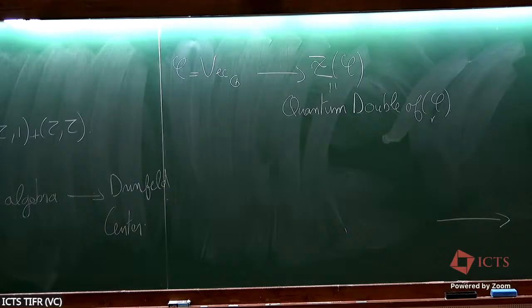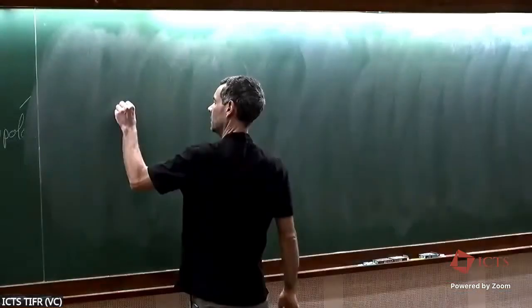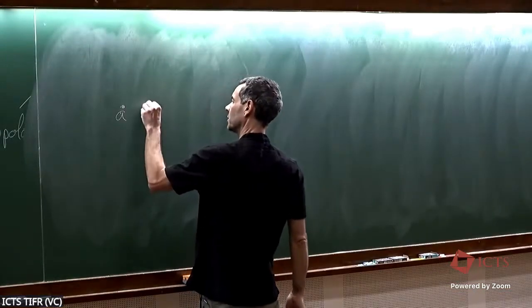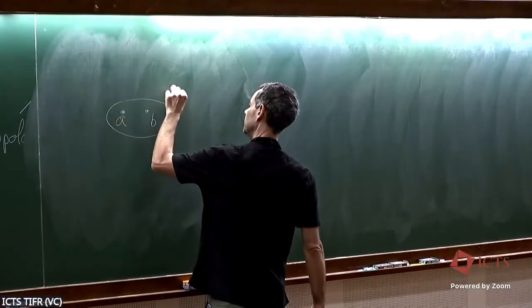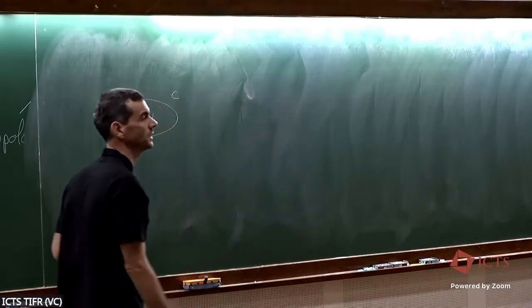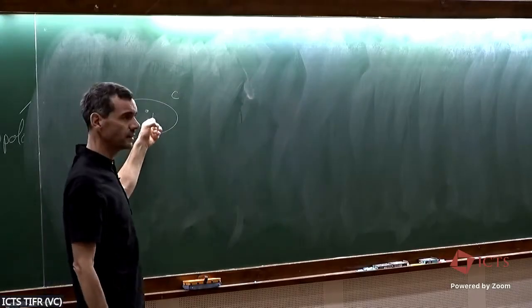I think the answer strongly depends on what you want to do. But let's say that when I wrote this kind of picture of representation, A and B fusing to C, this describes a two-anyon state.